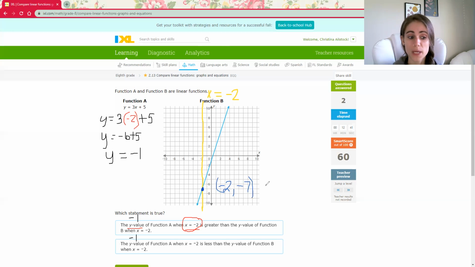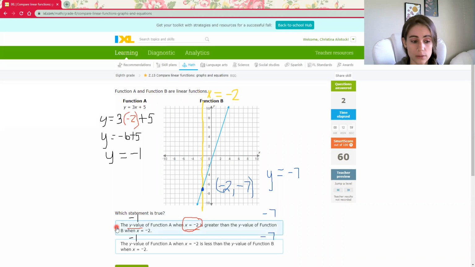So for function B, when my x value is negative 2, my y value is negative 7. We have the information we need to compare, so let's see which statement is correct.